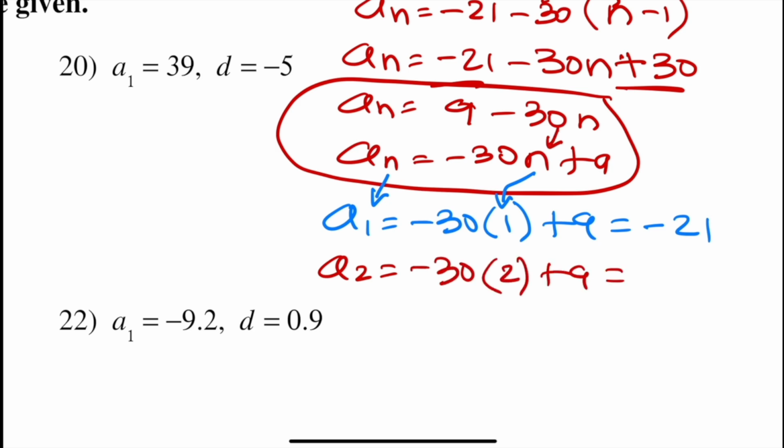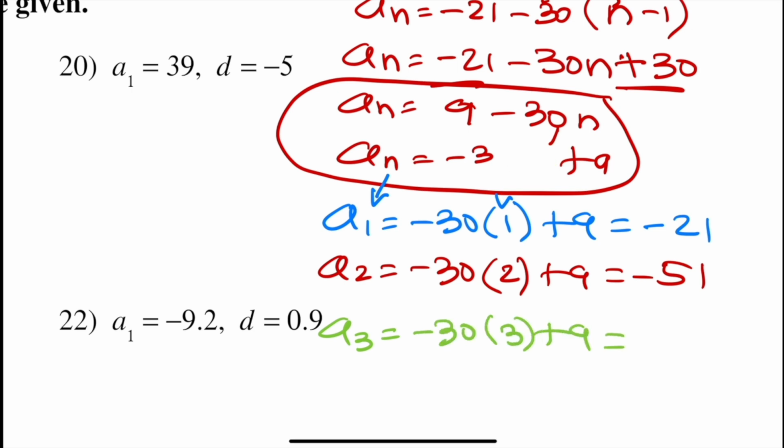Negative 30 times 2 is negative 60. My plus 9 is negative 51. a sub 3. And now you get the idea. I just replace the value of n for any value that I want. In this case, it's going to be negative 90 plus 9, negative 81. If you notice, my d value was negative 30. And my values are decreasing by 30 on every single step.